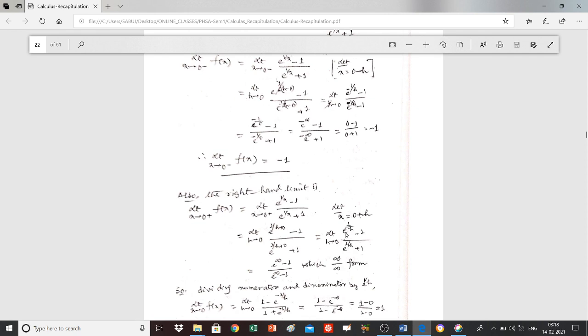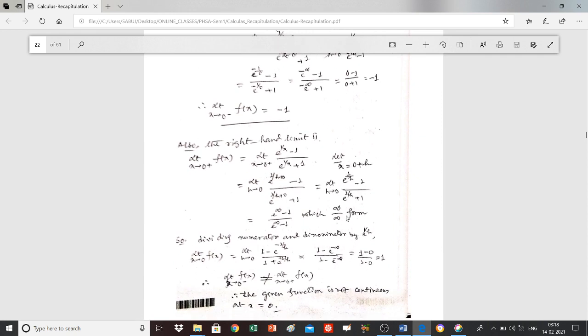So 1 by h is 1 by 0, that is infinity. So this term is of the form infinity by infinity.